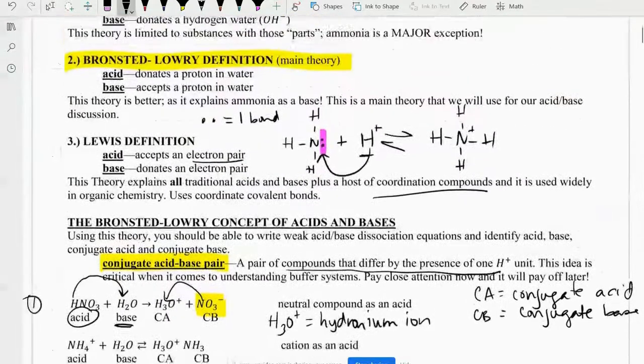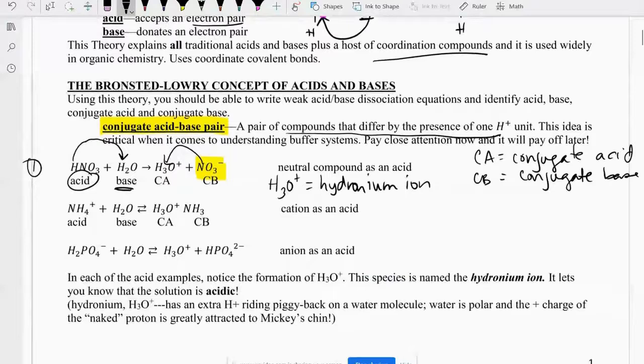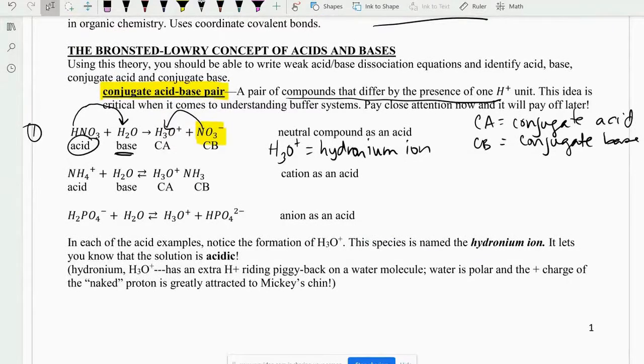Now take a look at your Bronsted-Lowry definition. If an acid is going to donate a proton in water and the base is going to accept the proton in water. And so go back down here. You can see the acid is going to, again, donate the proton and the water is going to accept the proton.